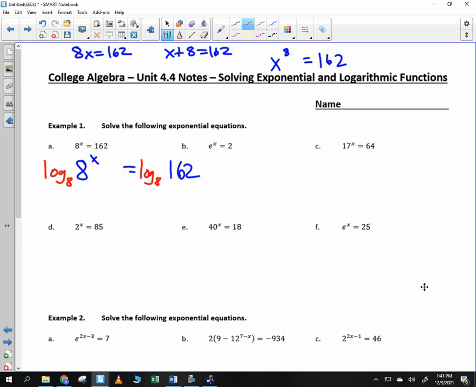Yes. And we will end up converting it to a logarithm. Wait, so then does the log base 8 and 8 cancel? Yes. So look what happens on the left-hand side. These go away, leaving you with x equals, I wish there was a way we could compute log base 8 of 162. I wish our teacher told us how to do something like that at the end of the hour yesterday. What do?